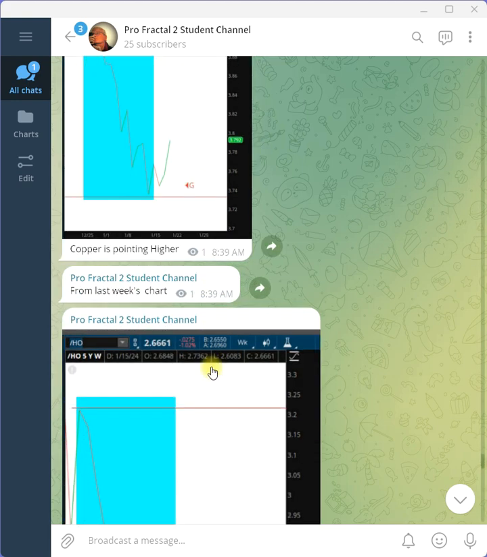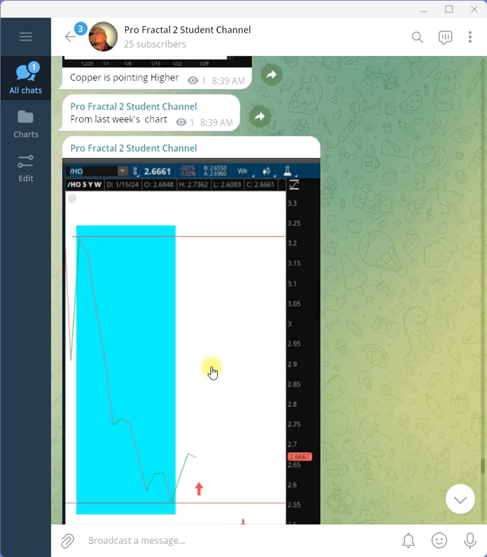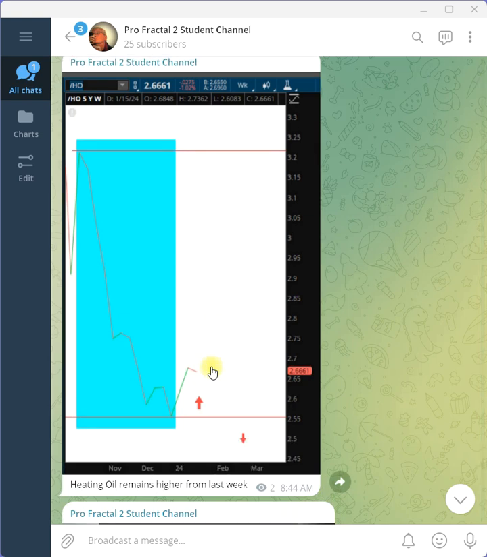Okay, we did that last week. Now, we have another chart from last week. I pointed out a typical growth fractal here. You got a leg here, a little dip, and began to rally.